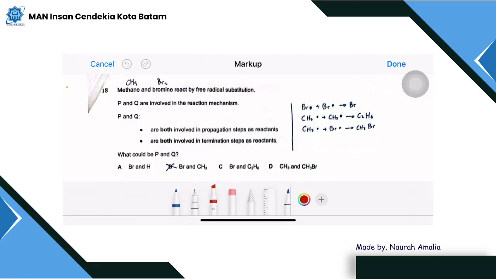What could be P and Q? Methane is CH4, bromine is Br2, and after I try to combine them, the correct answer is B, Br and CH3.